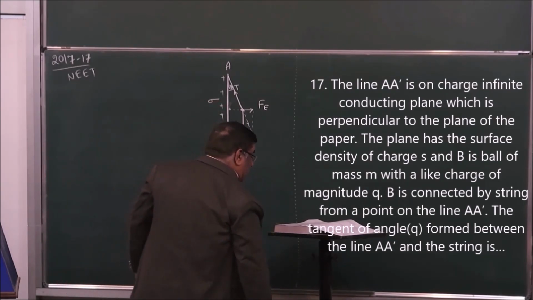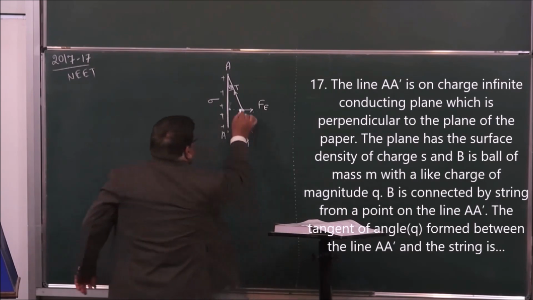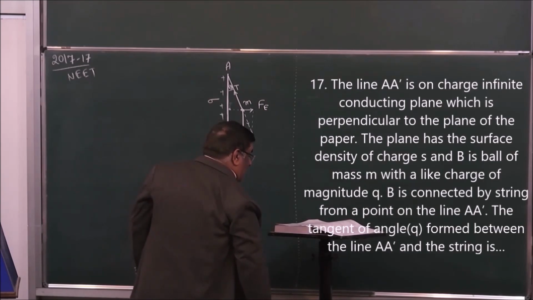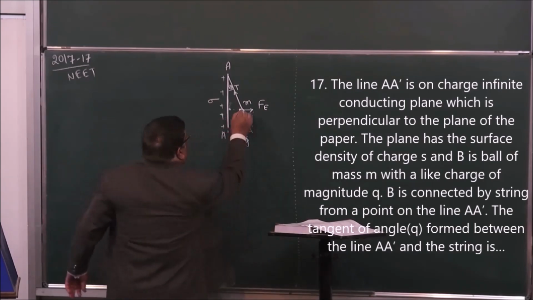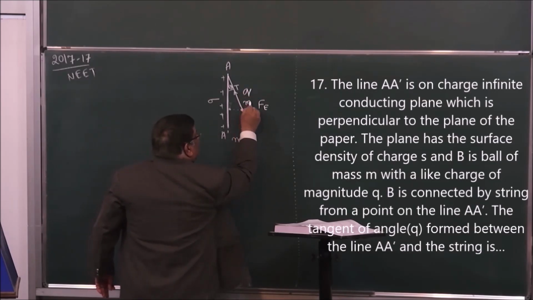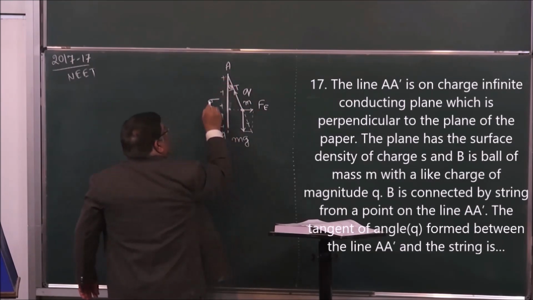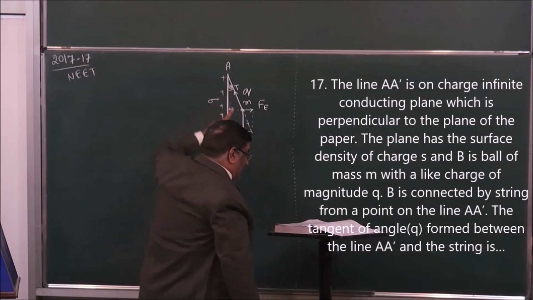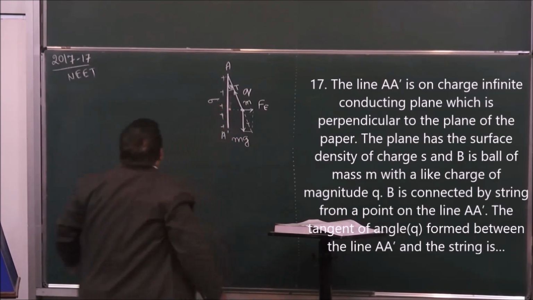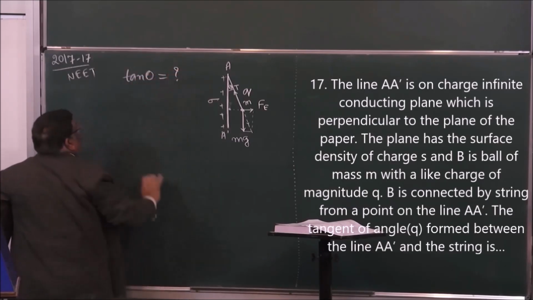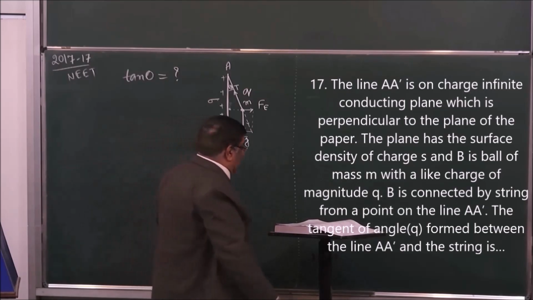The next thing given to us is that this particle has mass m, gravity g, and charge q. The charge on the particle is q, the mass is m, the charge density here is sigma, and it makes an angle theta. Now we have to find out tangent theta, and what will be the probable answer for tangent theta.